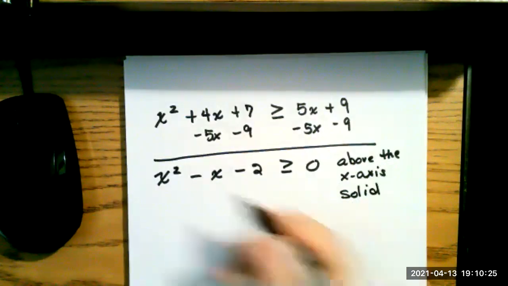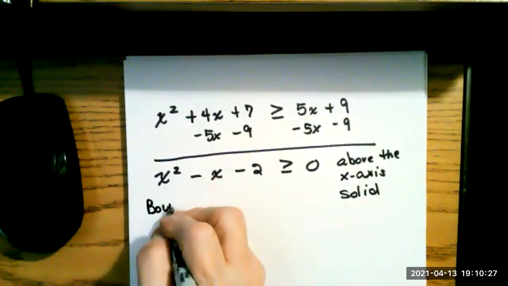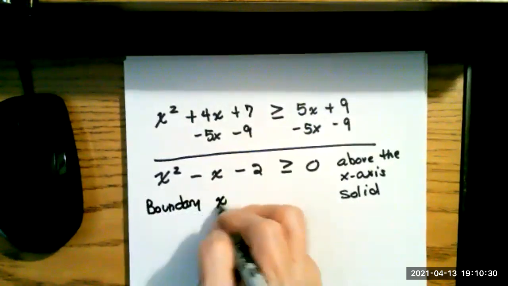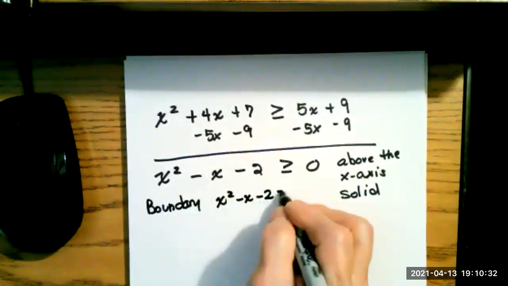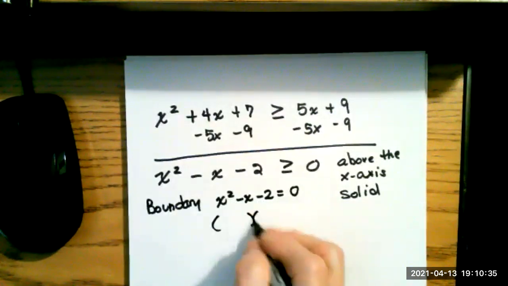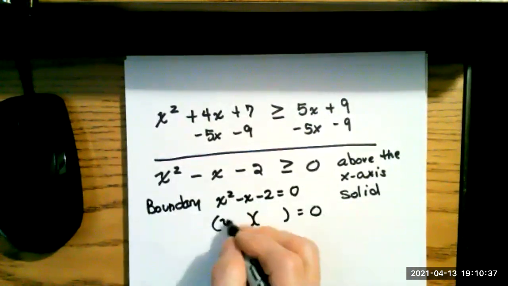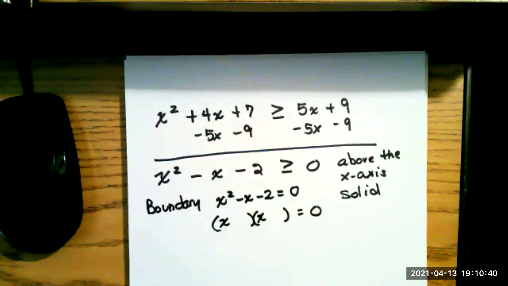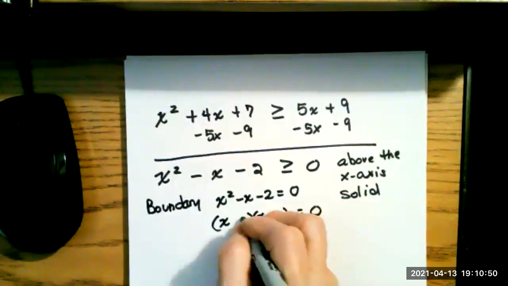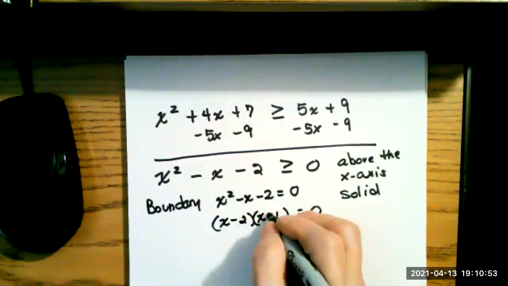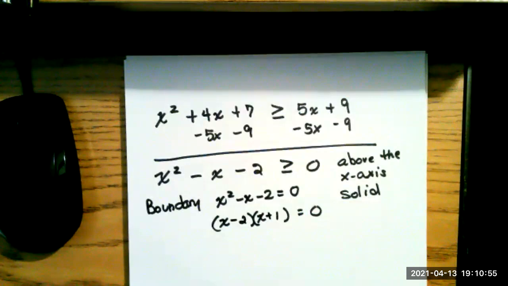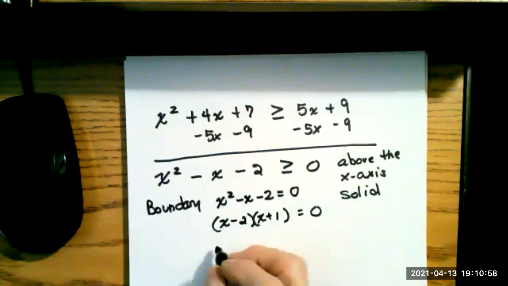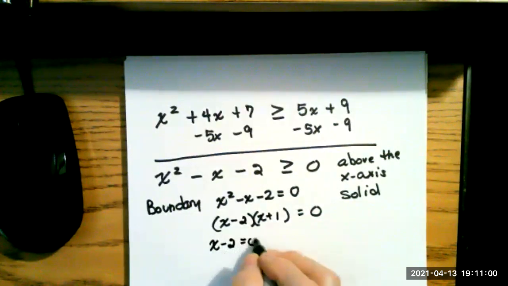Okay. And so to get my boundary, I'm going to put x squared minus x minus 2 equal to 0 and see if I can factor it. Let's see, I have to subtract factors of 2 to get 1. What is that going to be? 1 and 2? It's got to be. So 2 is going to be negative and 1 is going to be positive. Then I set each one of those equal to 0.